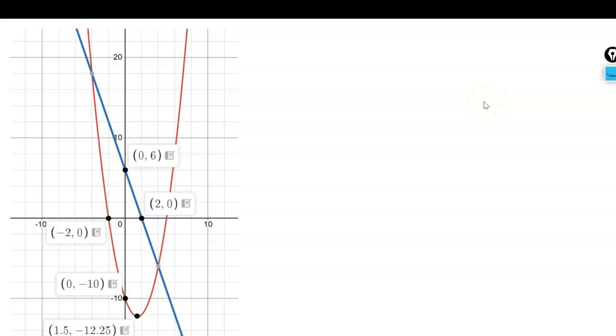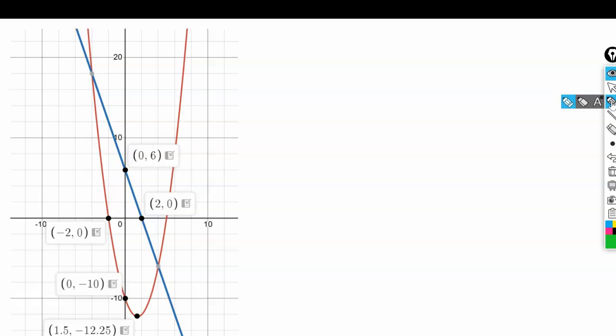And finally, we're going to have a weird question on your test where it gives you a picture somewhat like this, and it wants the equation for the line, the equation for the parabola, and then the solution to this system.